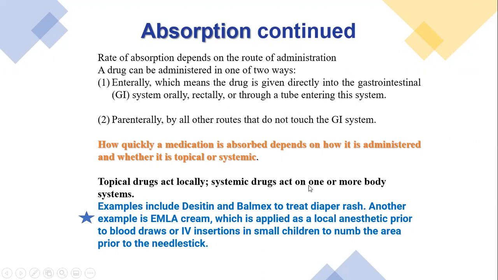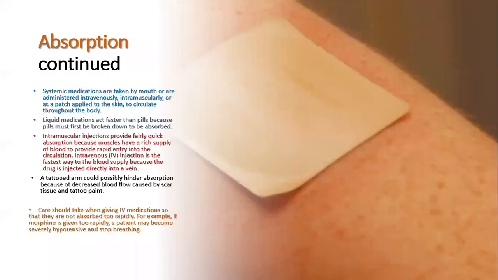Systemic drugs act on one or more body systems. Here are two examples: Desitin or Balmex to treat diaper rash. Another example is EMLA cream, which is applied as a local anesthetic prior to blood draw or IV injection in small children. So this is the route we use. What else?